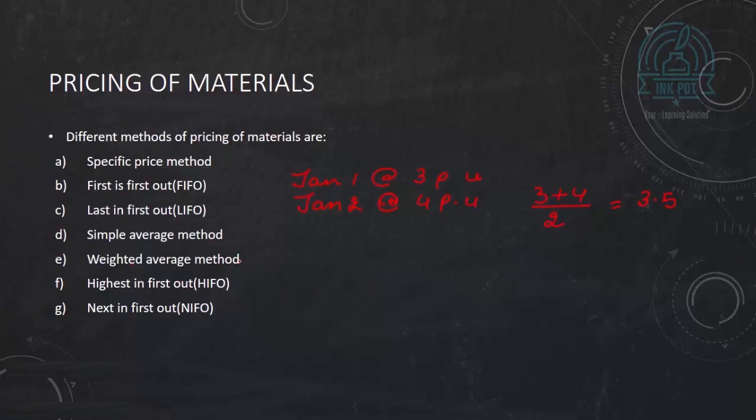So we issue the material at weighted average price. In highest in first out method, the materials are valued at the highest price. And in next in first out method, here we use the price which is very near to the market price, that is the price at which we have ordered the goods but not yet received. So that is the market price of goods.